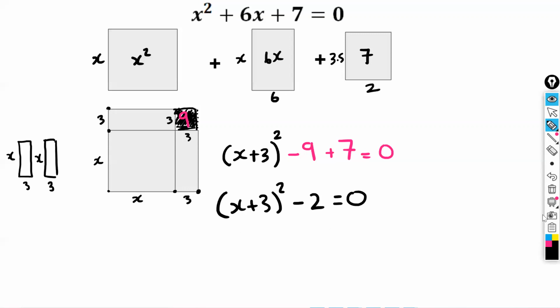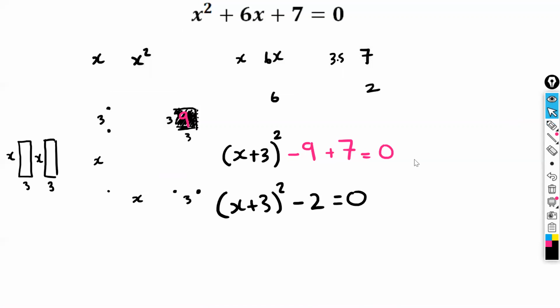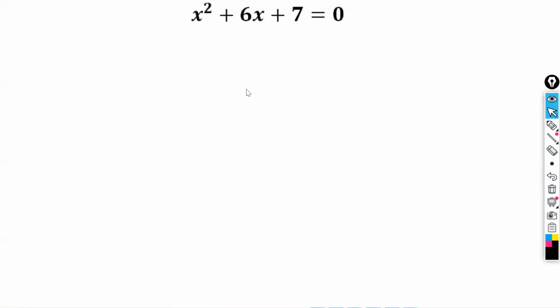And I will do this on the next slide. So looking back at our problem, the answer that we got was x plus 3 in brackets squared minus 2 is equal to 0.